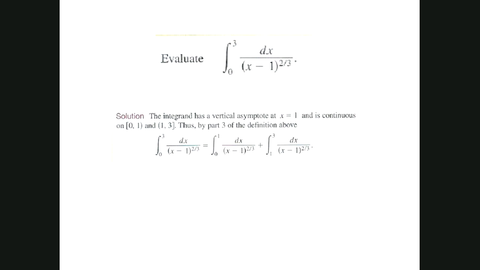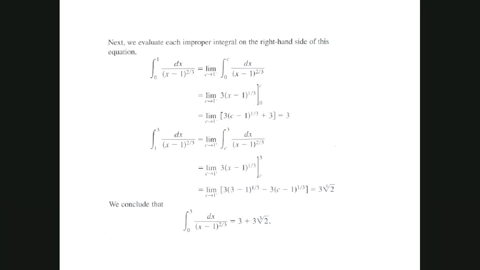And what you're going to have is, when you're coming from 0 to 1, the limit is going to be going to 1 there. So let's take a look at the work here. We're going to find the limit as c goes to 1 from the left-hand side.